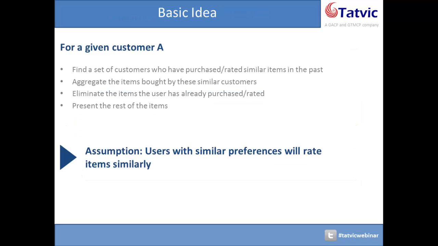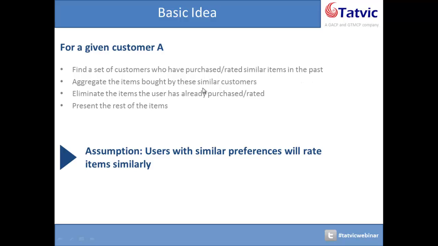Let me give the basic idea about collaborative filtering. Kushan has just explained how collaborative filtering can be used for your e-commerce store, but I would like to tell a little bit about collaborative filtering. We assume that users with similar preferences rate items similarly. So for a given customer A, the algorithm will find a set of customers who have purchased or rated similar items in the past.